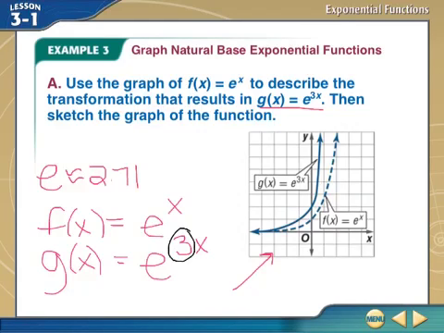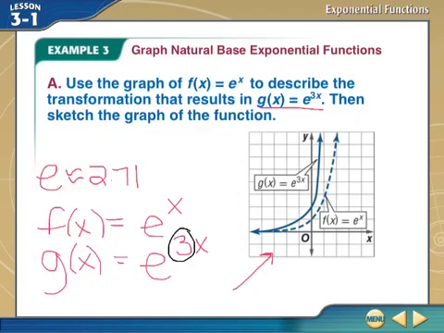Well, anytime we change something to the x, or multiply x by something, or add something to x, or subtract something from x, that changes our graph horizontally because the x-axis runs horizontally. Now, horizontal transformations always have the opposite effect than you think they would.